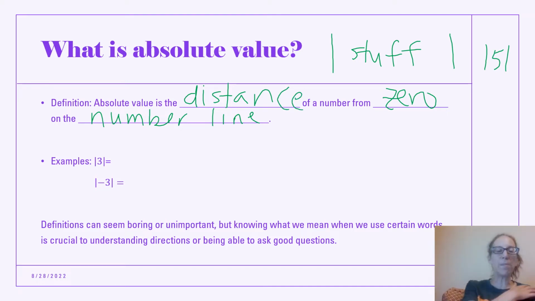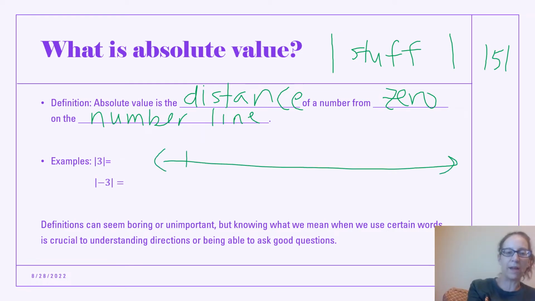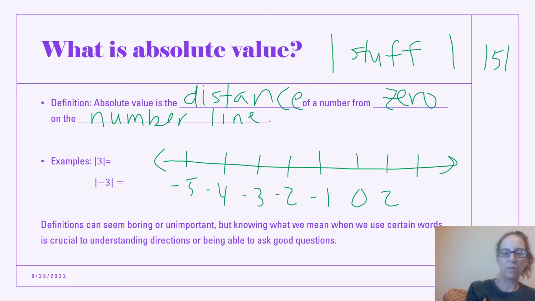Okay, so for example, we have there the absolute value of 3, and then we have the absolute value of -3. So we look at our number line, okay, and we'll just hang on. That is not how the number line works. There we go. Okay, so I don't know why I started that at -5, but here's your 0.